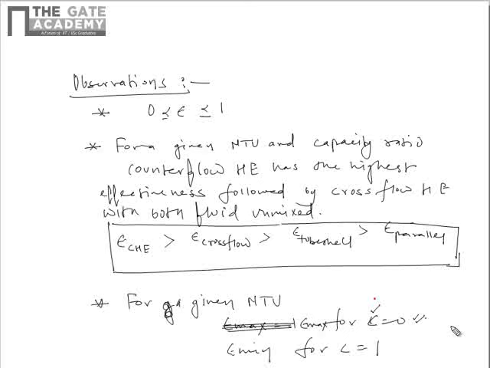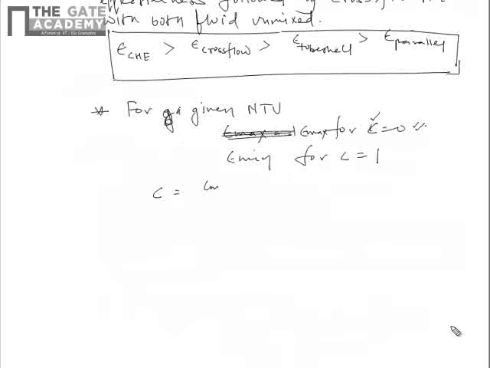That means one fluid has a heat capacity much larger than the other fluid. C is defined as C minimum upon C maximum. This will tend to 0 if C minimum is very much less than C maximum.